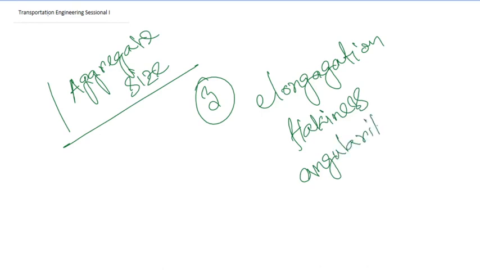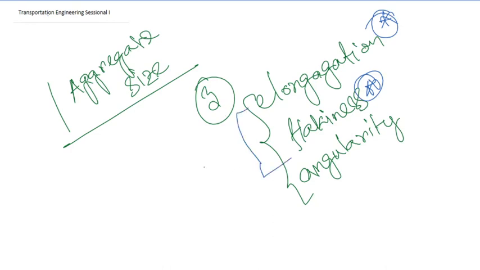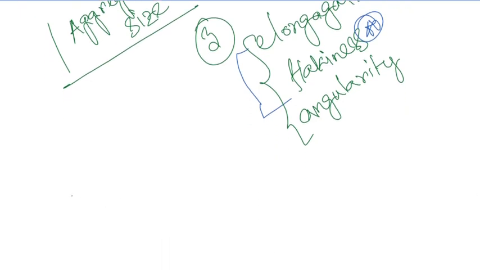So we'll be conducting all of these three tests in this session, but today we'll be focusing on the first two, that is elongation and flakiness. These two are the desired experiments we will be learning today.